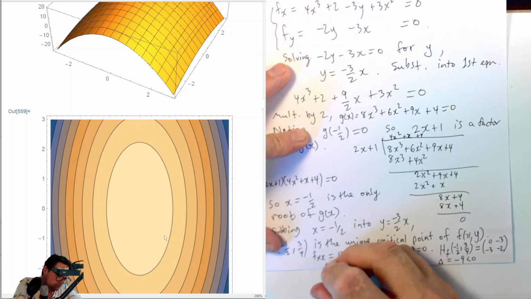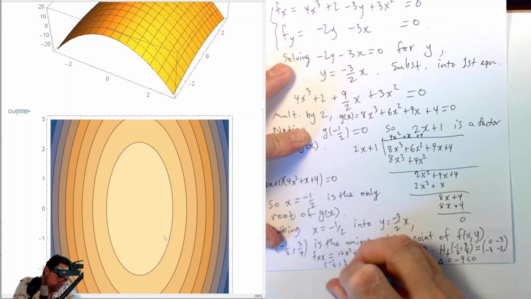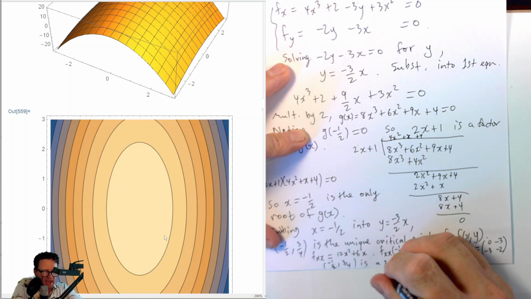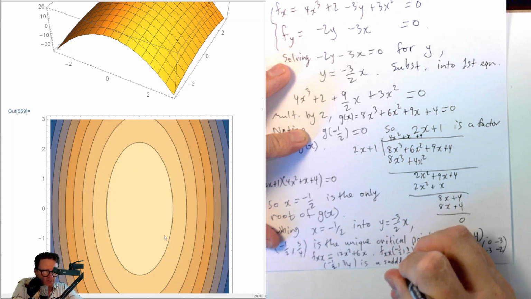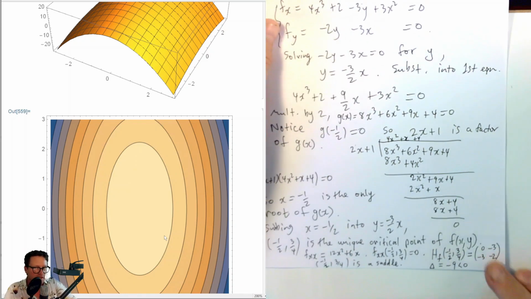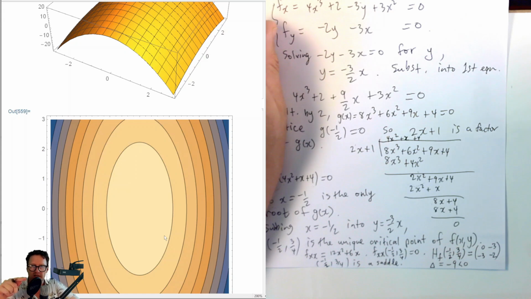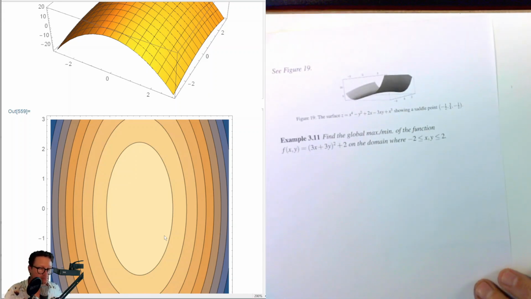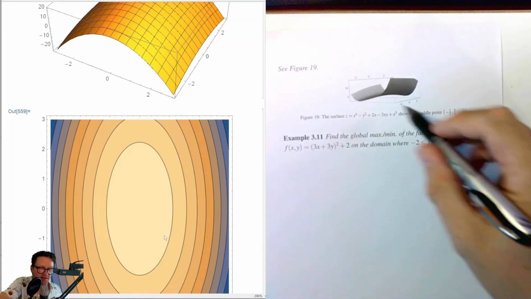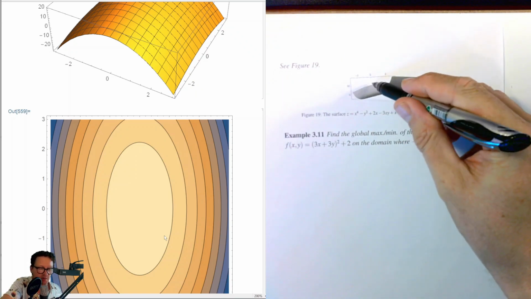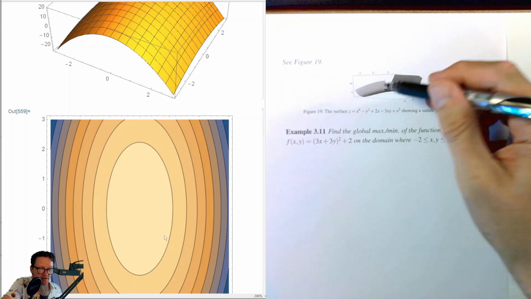So this point minus 1/2, comma 3/4 is a saddle. All right, so we classify it as a saddle. It's neither a max nor a min. In one direction it goes like this, and then the perpendicular direction it would go like this. Okay, and there's the diagram of it. So that saddle, you see how it's curving this way, and then the other way it curves this way. So it's a saddle there.